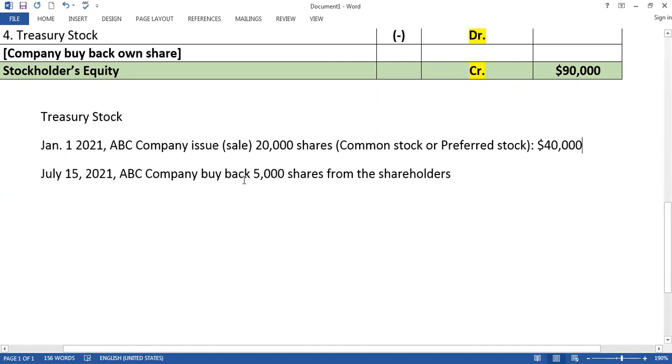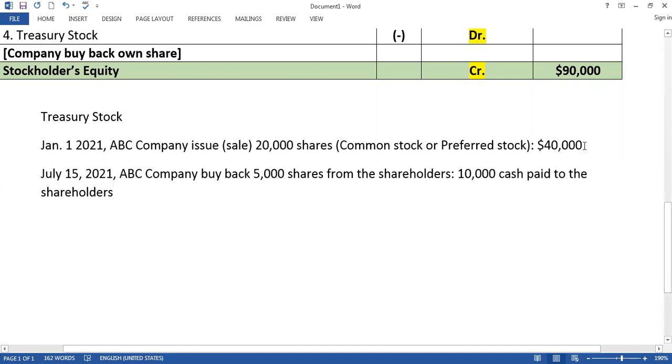Now I request that I want to buy back 5,000 shares from the shareholders, and I am going to pay you maybe $10,000 because I purchased back 5,000 shares. So I buy back my share and I give you $10,000. So $10,000 cash paid to the shareholders.